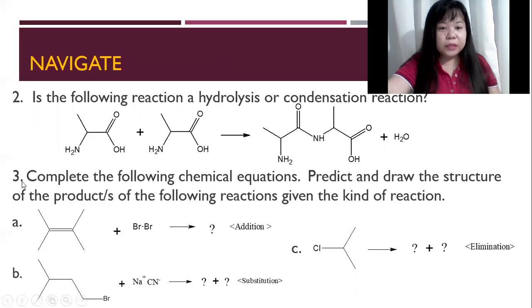Number 3, complete the following chemical equations. Predict and draw the structure of the products of the following reactions given the kind of reaction. So here, we are supposed to have an addition reaction, and we would just have to add bromine atoms on both sides of the double bond and check that there would be a total of 4 bonds around each carbon here.